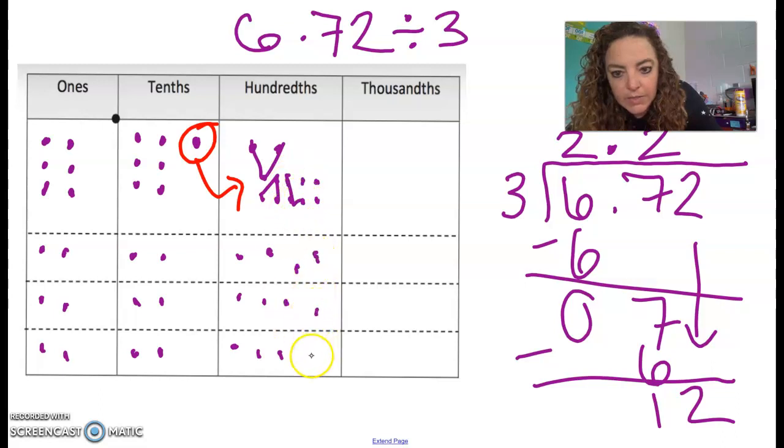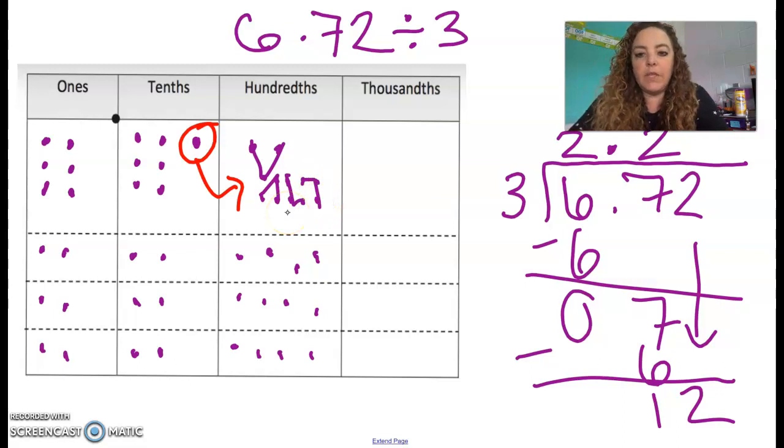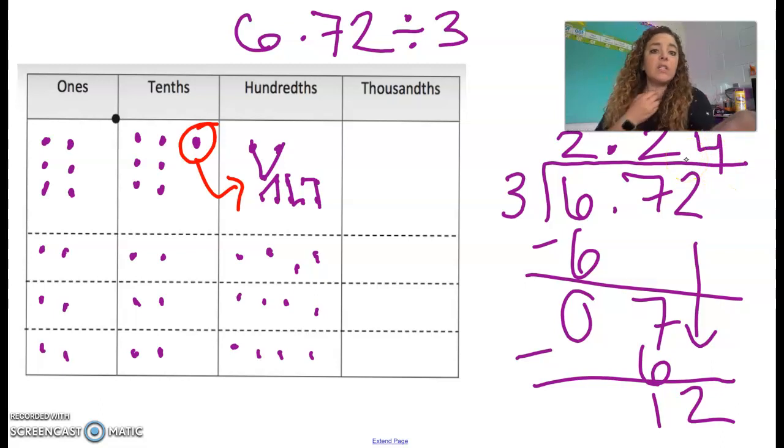And now I'm using these last 3 right here. Okay, so I've used all of them. And there are how many dots in each box? Well, 4. So I'm going to put my 4 right there. So I have my quotient. This is equal to 2 and 24 hundredths.